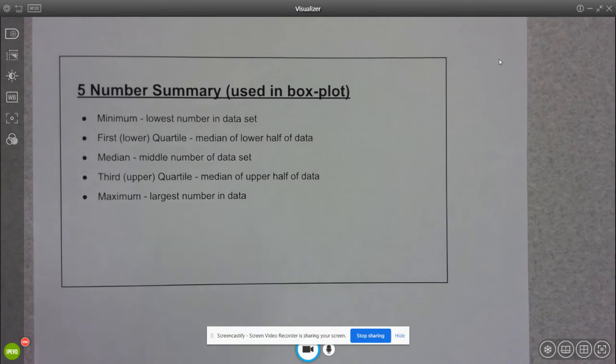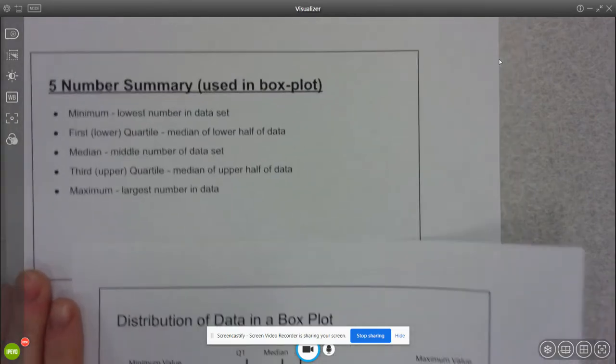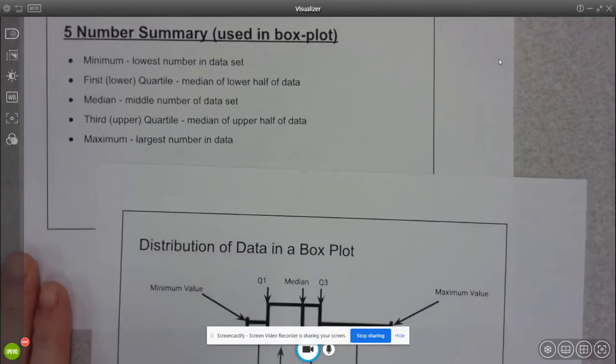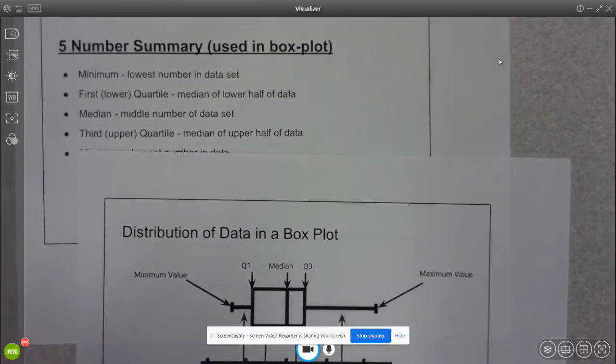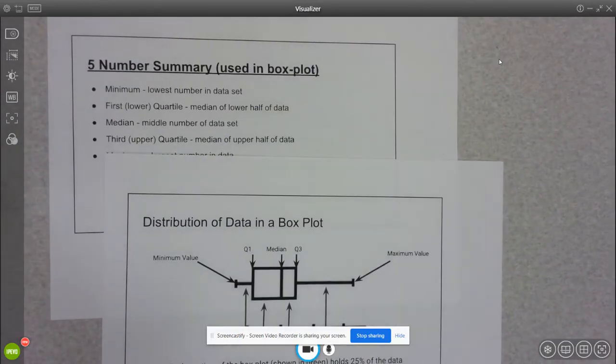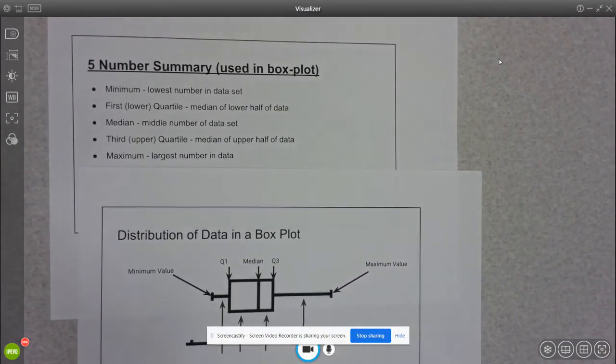So I'm actually going to pull up my next slide here while we talk about this as well. There we go, that's a little better. So our minimum is our lowest value. That's shown by either a dot or vertical bar in our box plot.